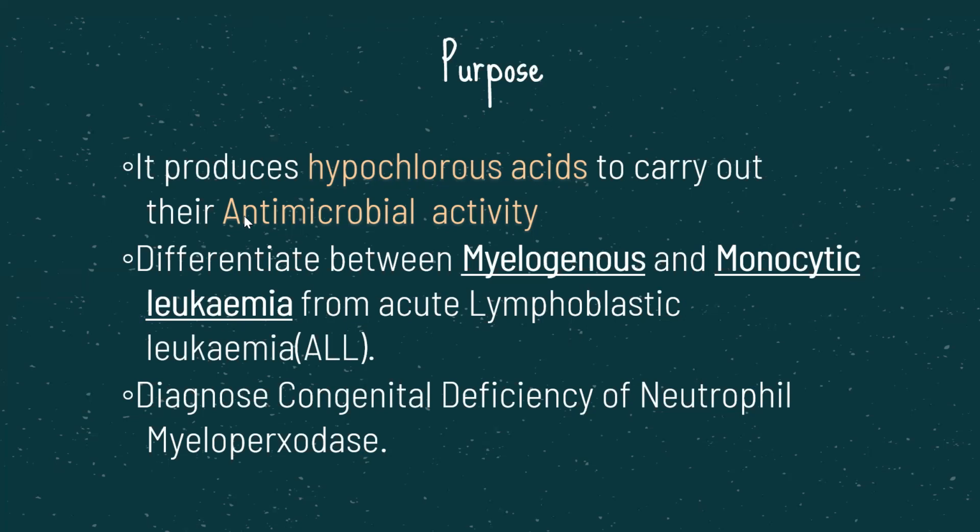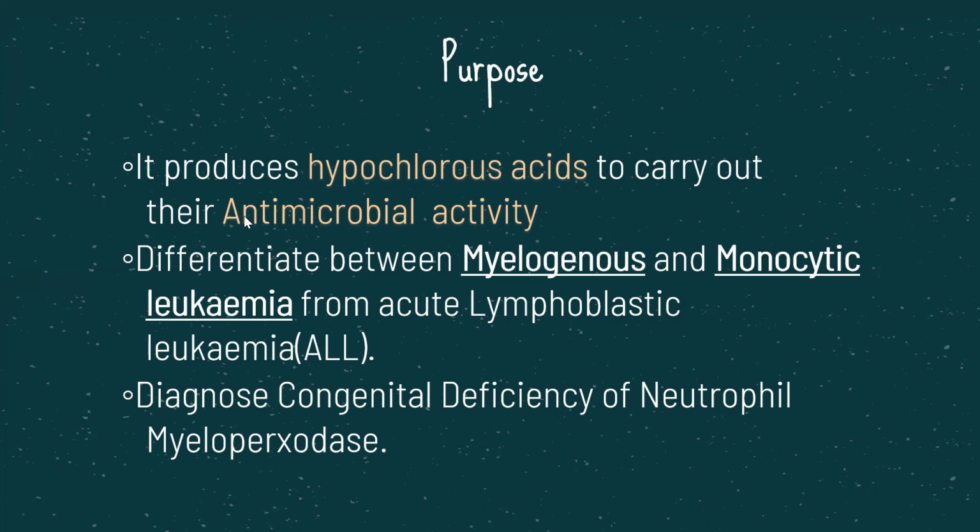Okay? So kapag positive po sa MPO, narurule out si ALL. Bakit? Kasi they don't have MPO. Okay, so we will further discuss that once nakarating tayo sa types of leukemia. Anyway, hindi pa naman tayo sa mga diseases. Okay, so just to give you an overview.